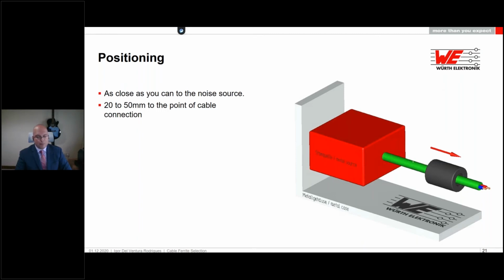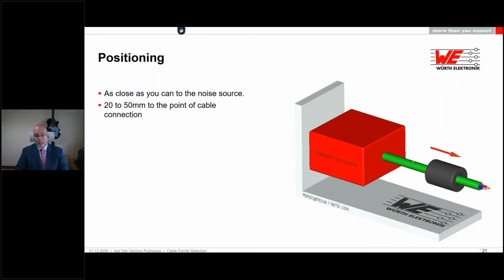So basically, if you put your ferrite too far away from your device, it will not work as intended, because that bit after the ferrite, between the ferrite and your device, will act as an antenna. So possibly you can get some noise issues with it as well, especially if it's radiated.